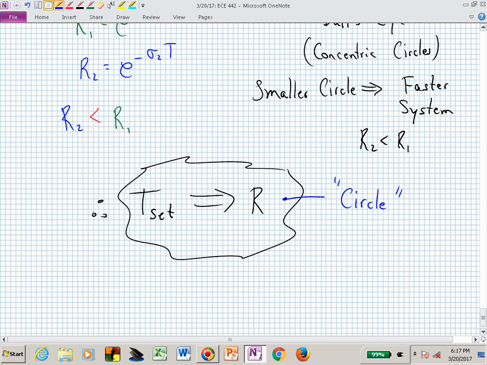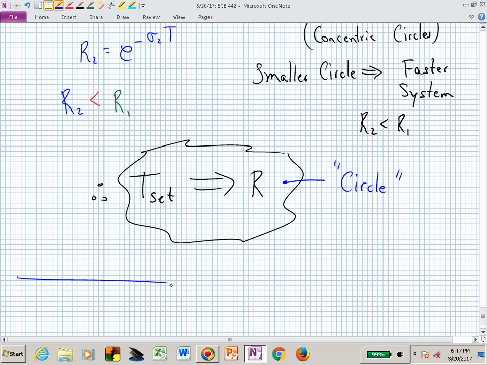And those circles need to be smaller for a faster system. If you're playing darts, trying to hit the bullseye, you're trying to make that system really fast, so you want to get as small a circle as possible. Let's look at an example.